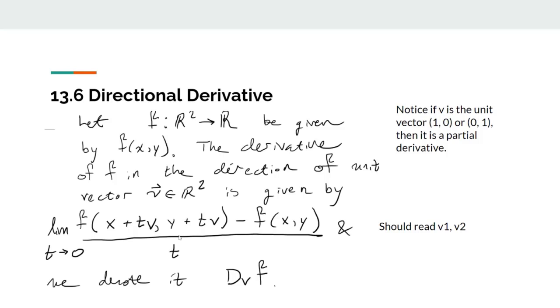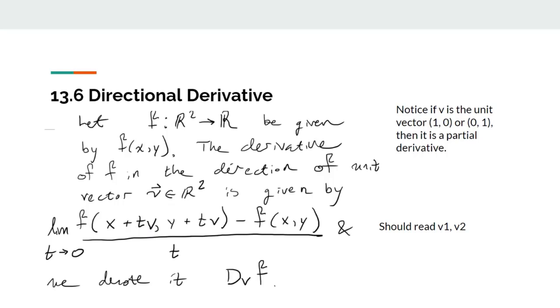It would kind of stretch the derivative. So we always use a unit vector when calculating directional derivatives. It's a limit of a difference quotient again, and we call it dv of f.